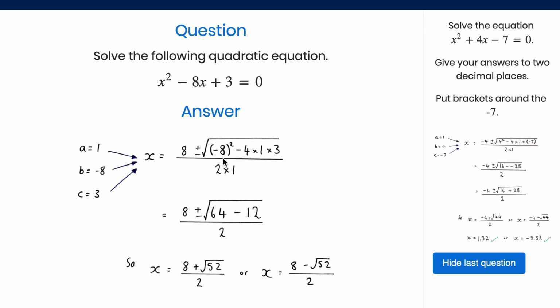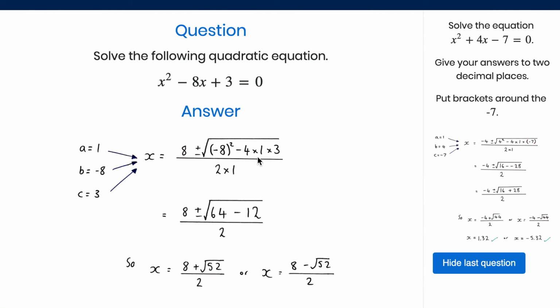And underneath the square root, we must put brackets around the minus 8 before squaring it. This is because we need to square all of the minus 8, including the sign in front. Okay, so minus 8 squared is equal to 64, since when you multiply two negatives, the answer is positive, and minus 8 times minus 8 is positive 64.